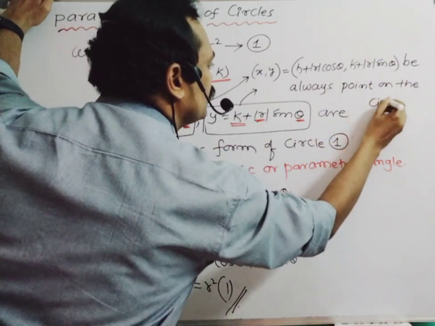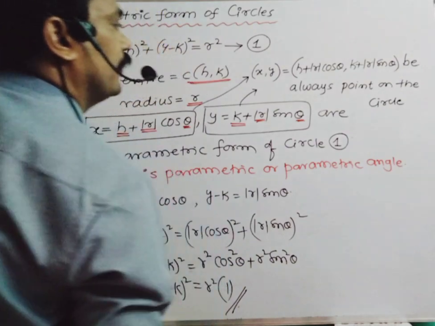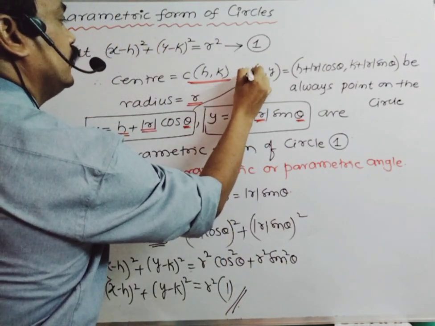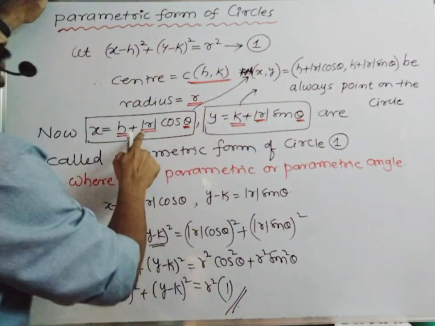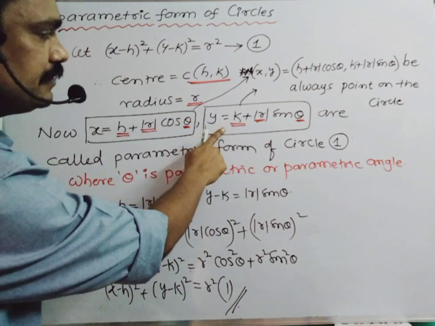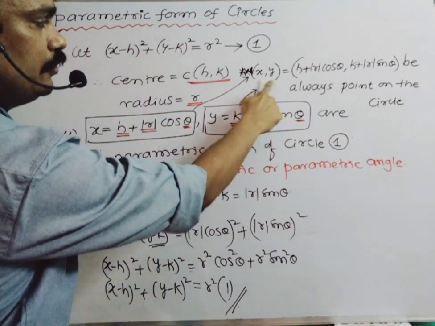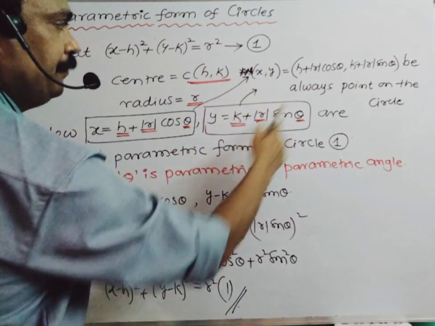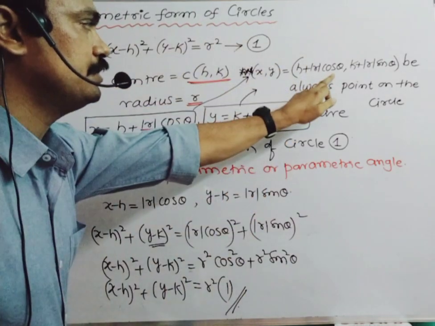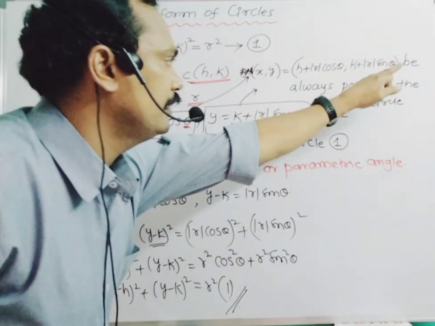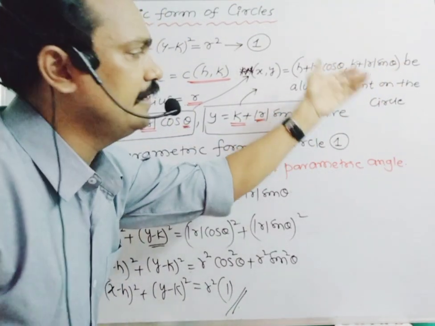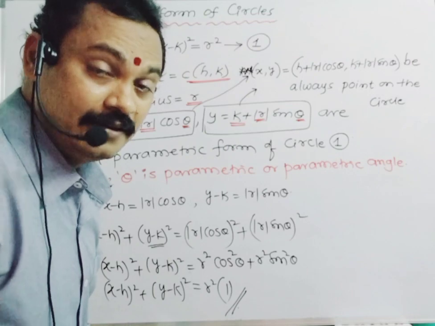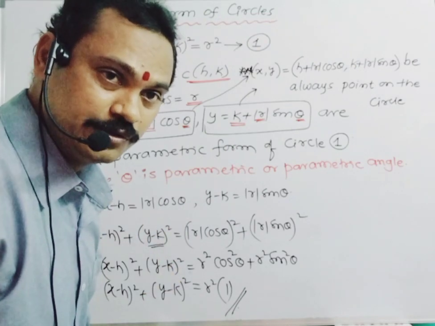This is the most important note. By using these parametric equations, you can establish one point with x coordinate and y coordinate, that is h plus r cos theta, k plus r sin theta. This is the point which always lies on the circle. That is the most important point you have to remember.